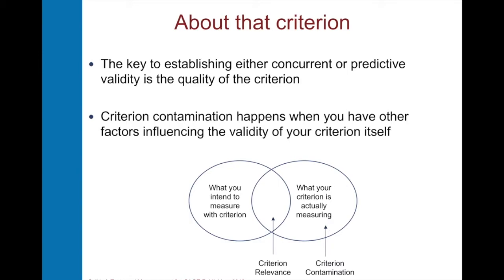One way in which you could have a very obvious case of criterion contamination is if, let's say, your judges are rating these students on some external criterion, and say for whatever reason, your judges also know that you are trying to correlate your Cook scale with this external criterion.